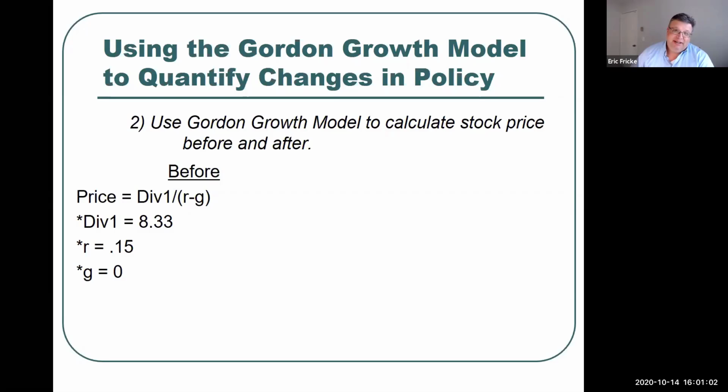And we also calculated on the last slide that the growth rate G was 0 for this example. So that's enough for us to calculate the stock price. We get 8.33 divided by 0.15 minus 0, and that equals 55.56.